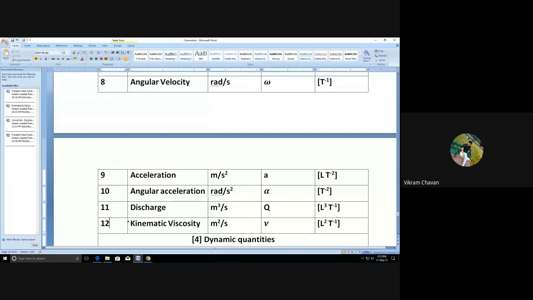Then kinematic viscosity. Kinematic viscosity unit is meter square per second, and its symbol is nu, and its dimension is L raised to 2, t raised to minus 1. Getting everyone how to derive the dimension from its unit.